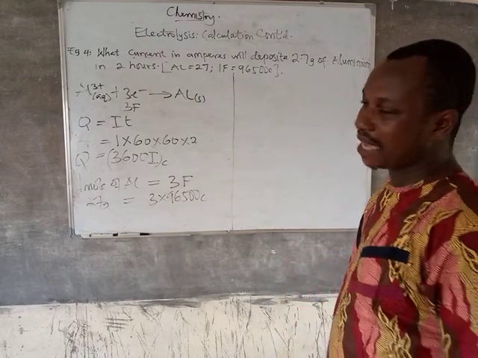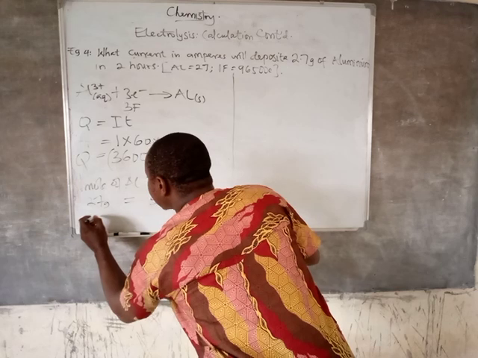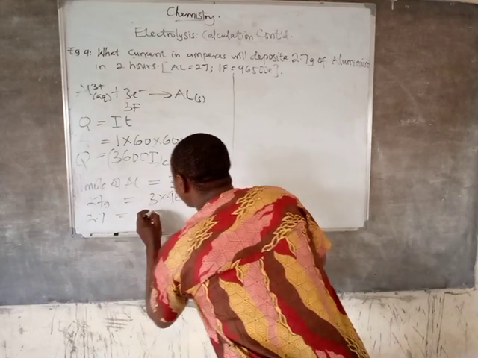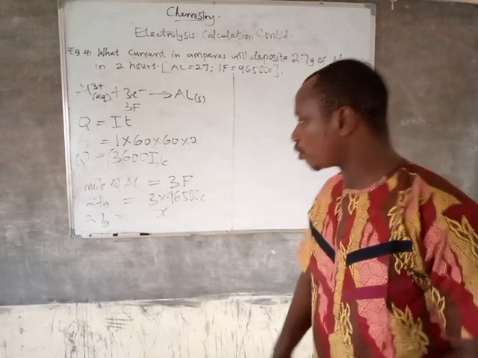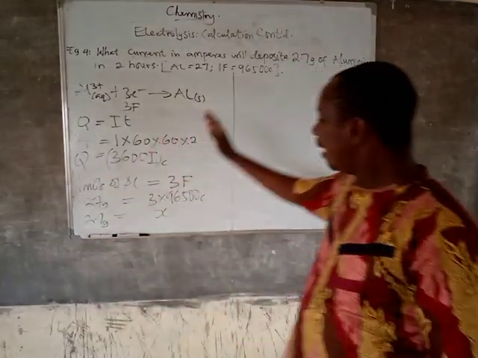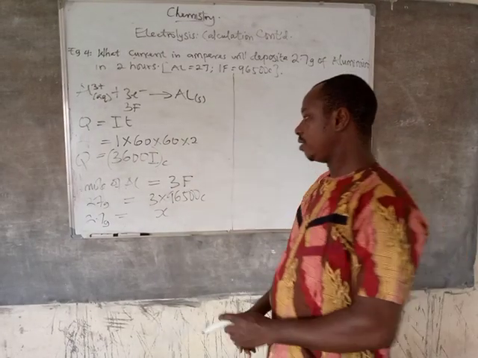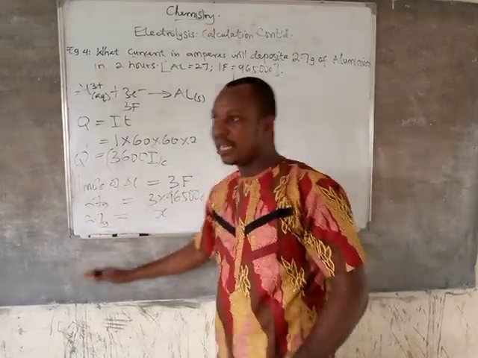What current in amperes will deposit 2.7 grams? It then means that 2.7 grams will deposit X. I have always told you simple proportion. Let the mass be one side and let the coulomb be one side.